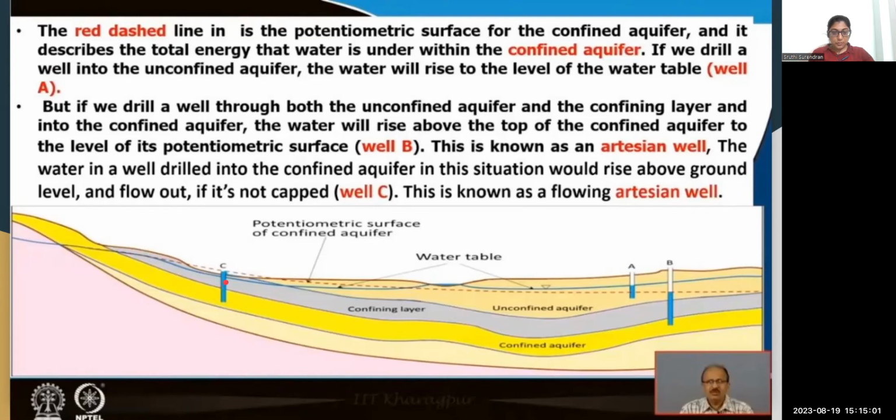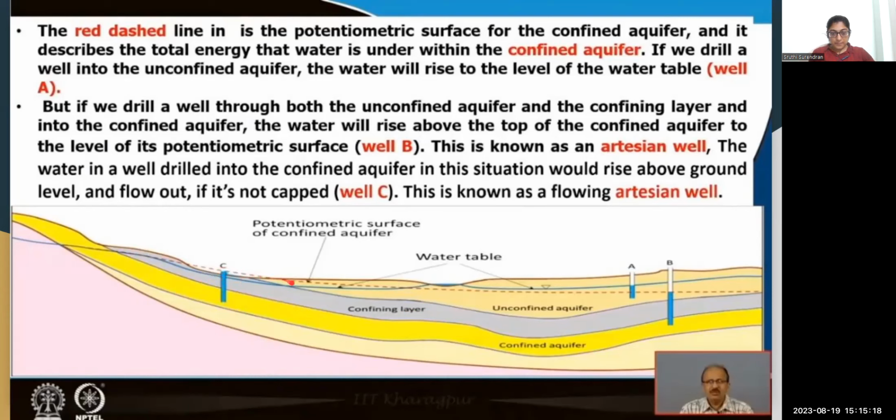Now, suppose you drill tube wells into these confined aquifers, and then you check the pressure head in these bore wells or tube wells, or the level of the water in these tube wells.